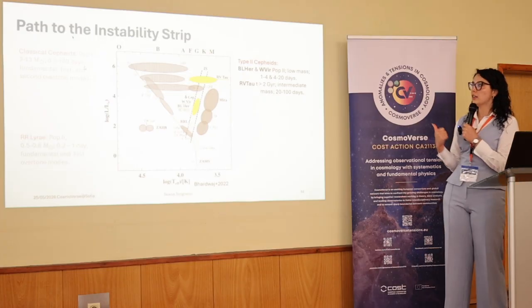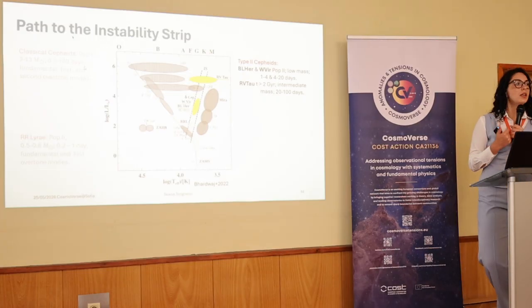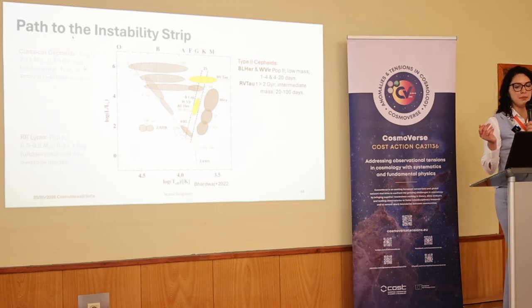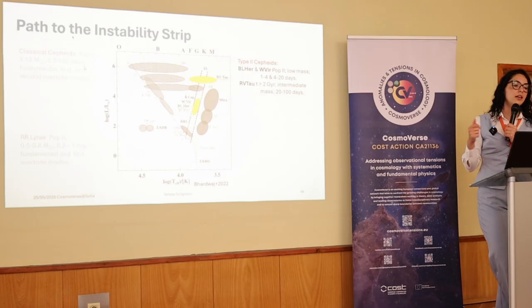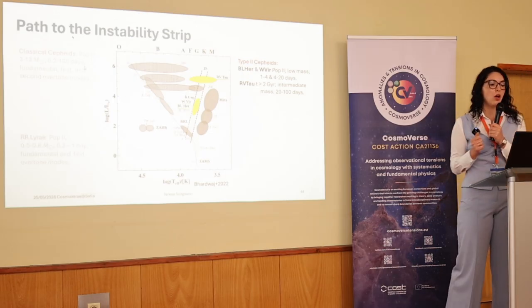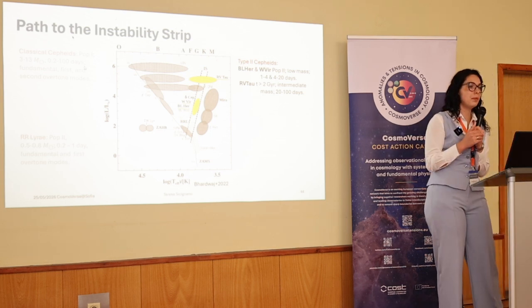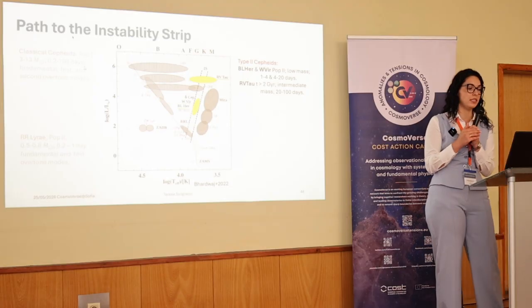Type 2 Cepheids are also population 2 distance indicators. This means that they can be found not only in elliptical galaxies, but in all kinds of galaxies. Moreover, they are crossing the instability strip at different evolutionary phases.